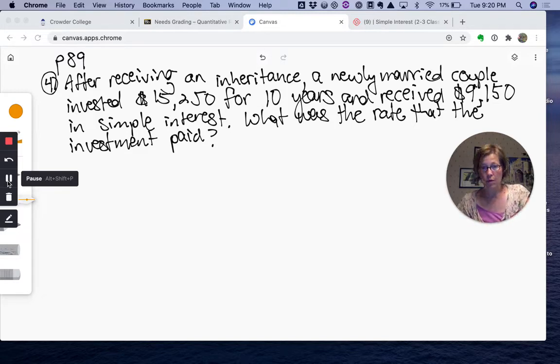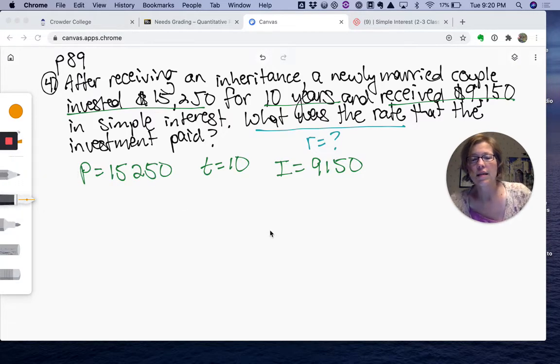When we look at this problem, we see that we know P, T, I, and we're looking for R. So even though I see the words simple interest, and another simple interest formula that I know is the formula that has the A in it, it has A, P, T, and R, that's not going to get me what I need, because then I don't know A and I also don't know R. I want an equation that has everything that I need.